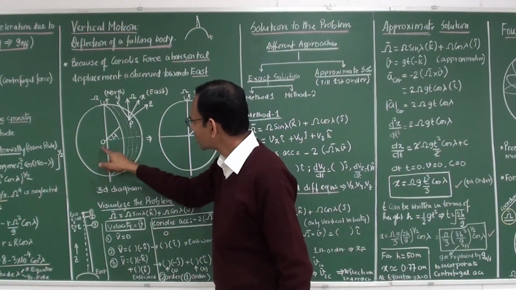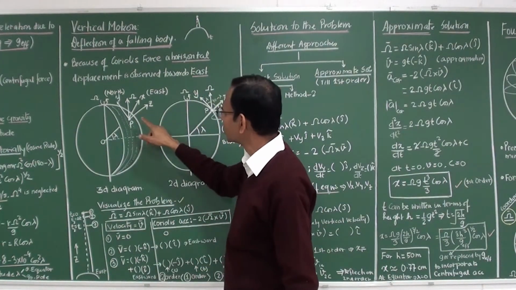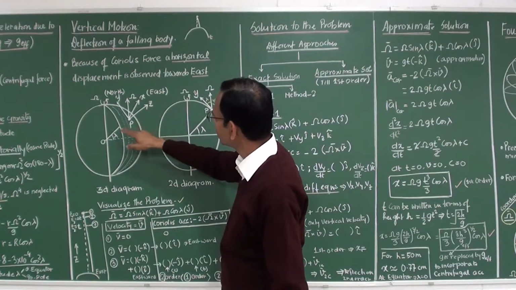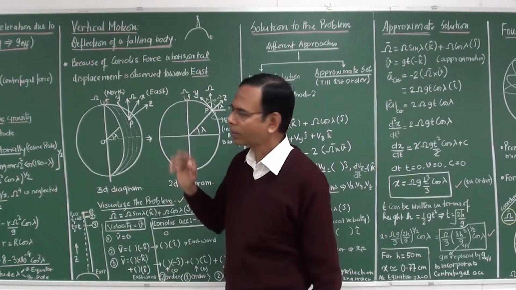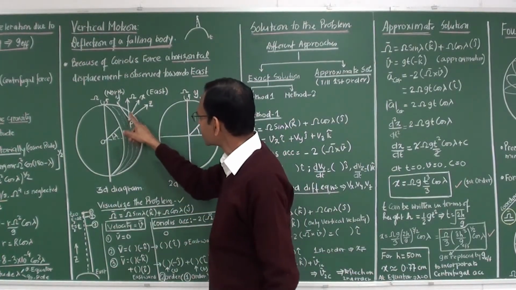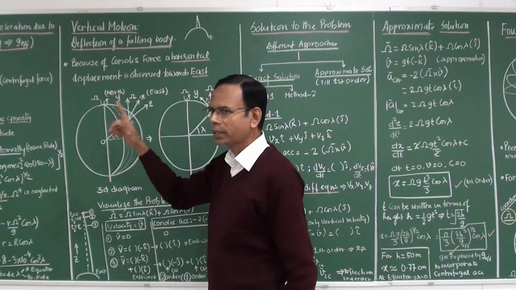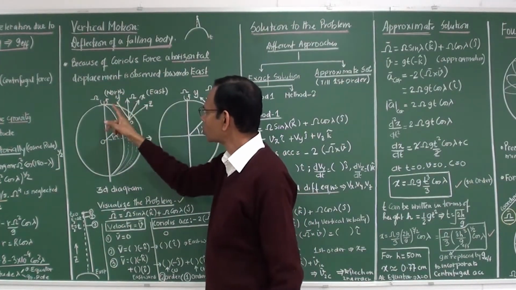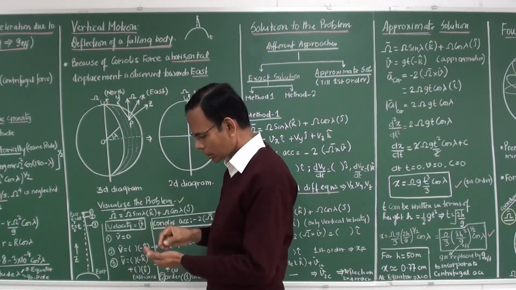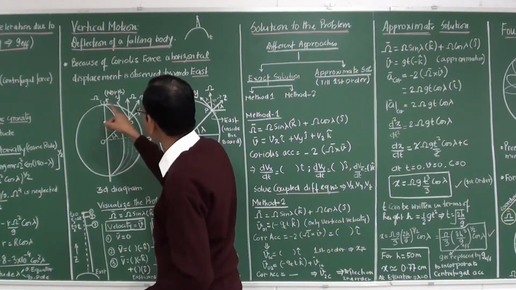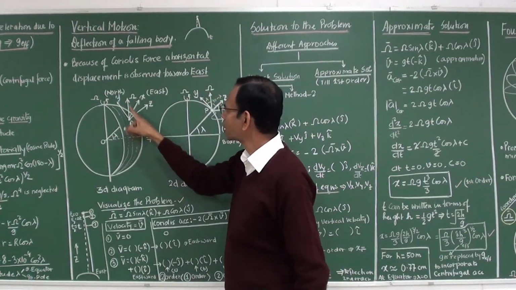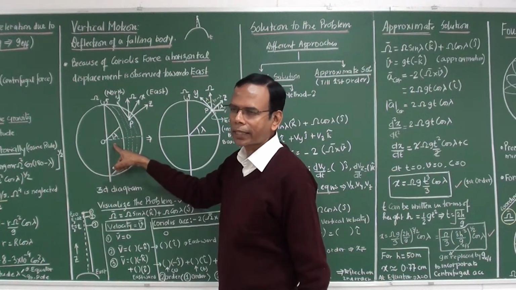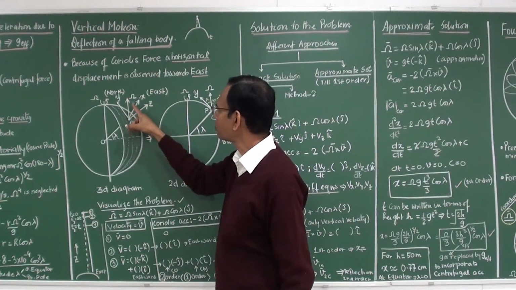From the center O, if I draw a line outward, this is the Z axis. The earth is rotating from west to east, so omega is along this direction. This is the direction of omega, vertically upward from this point. This we have taken at latitude lambda.